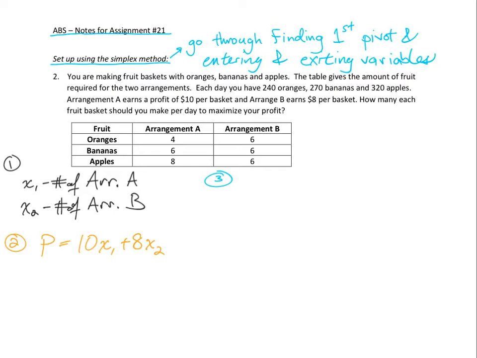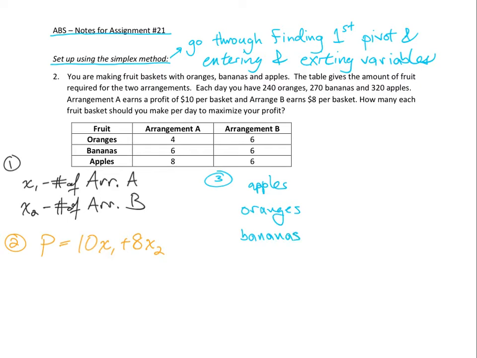But that's where the table comes into play. We know exactly how many apples, oranges, and bananas are used in each arrangement. So let's use that to our advantage. We can have an apples inequality, an oranges inequality, and a banana inequality.